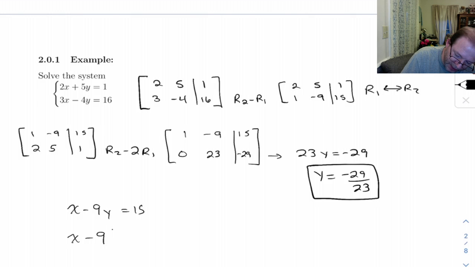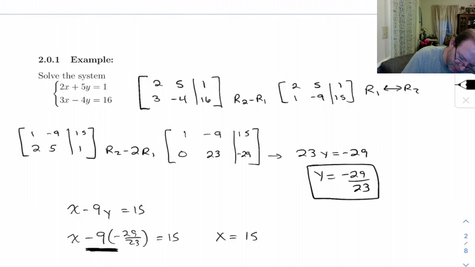So x minus 9 times negative 29 over 23 equals 15. So x is 15, and since this together is positive, we'll subtract it: 9 times 29 over 23.